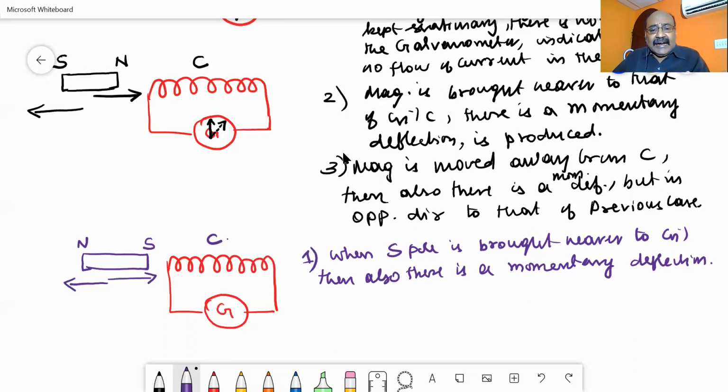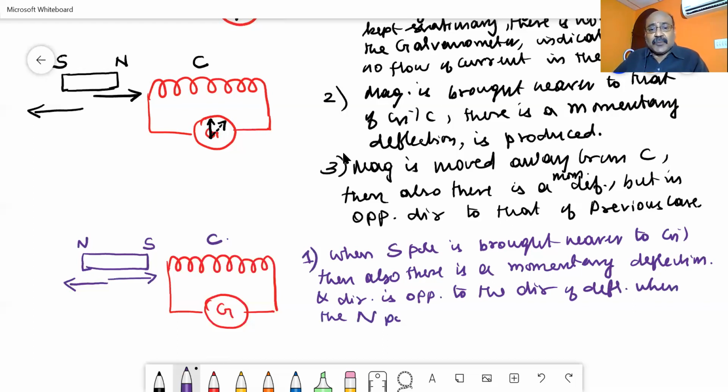The direction is opposite to the direction of deflection when the north pole is brought in. I hope you have understood. When the south pole is brought nearer to the coil, there will be a momentary deflection in the galvanometer indicating a flow of electrical current, but the direction of deflection is just opposite to that of the case when the north pole is brought nearer.